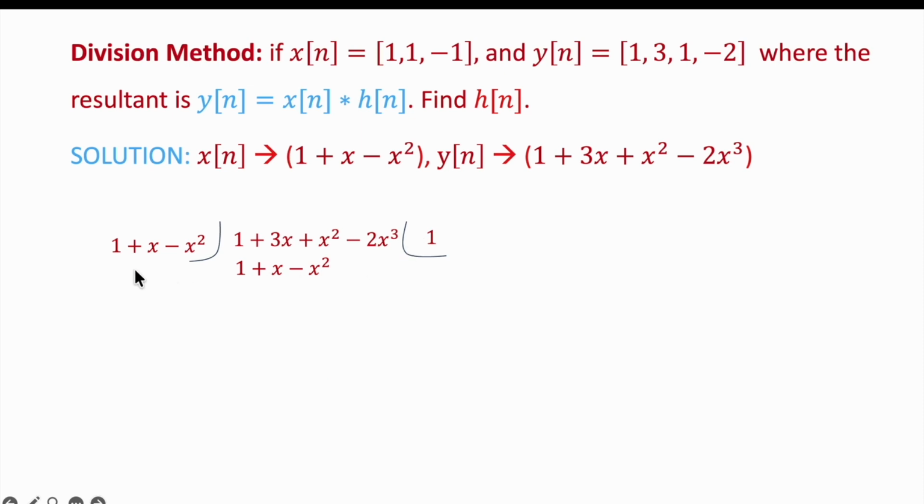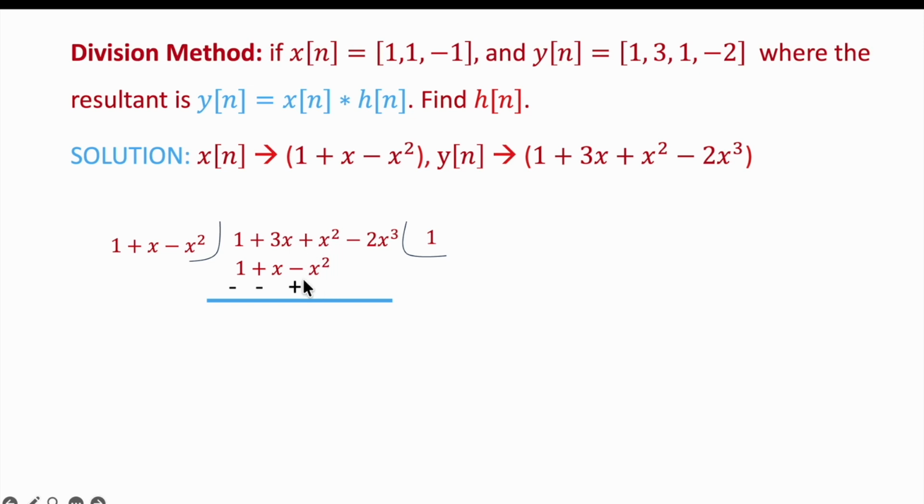And then the product will be 1 plus x minus x square, and then you subtract. When subtracting the sign will be changed, so 1 is cancelled with 1, and then 3x minus x gives 2x. Then x square minus x square is cancelled as well.